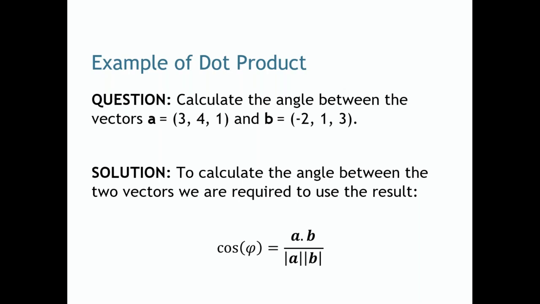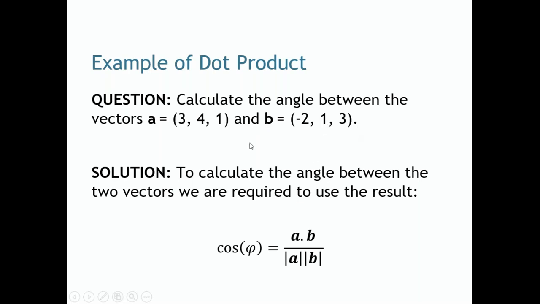I spell for you: SAFETYBLISS@yahoo.com. Please take the question again. You can see it on my screen, so I'm just reading it for emphasis sake. Calculate the angle between the vectors A equals bracket open and close 3, 4, 1, and B equals bracket open and close minus 2, 1, and 3.